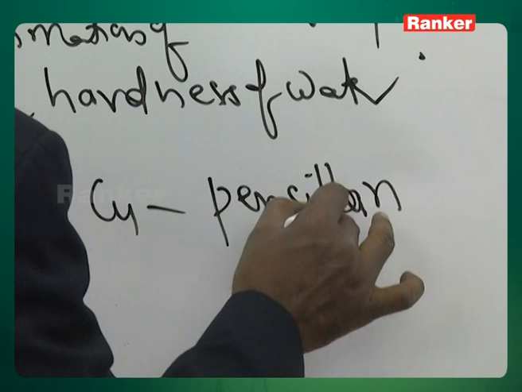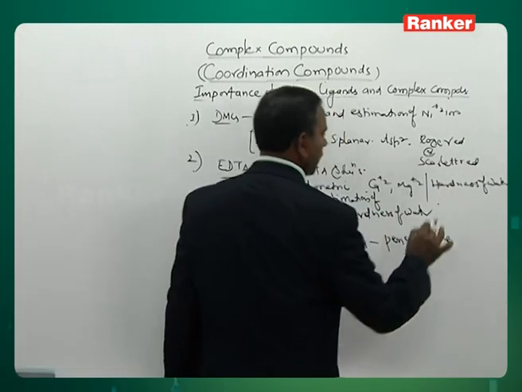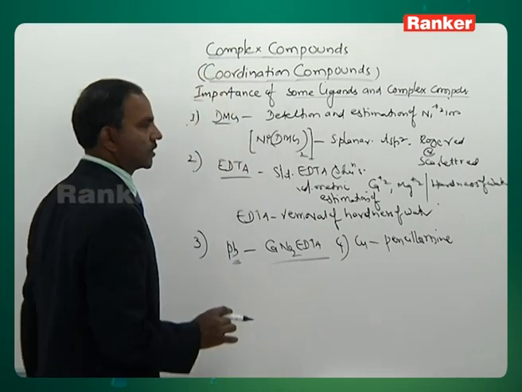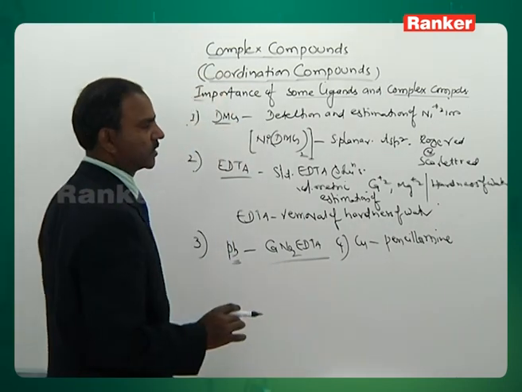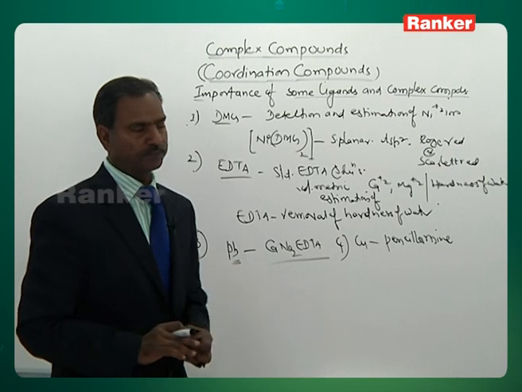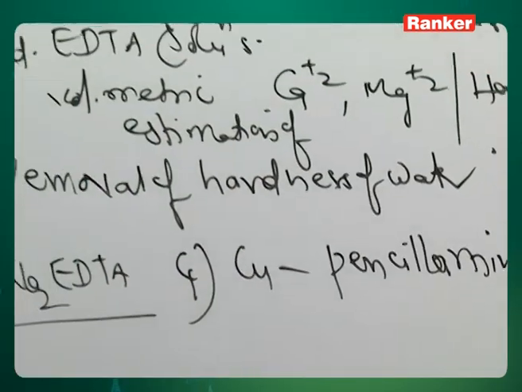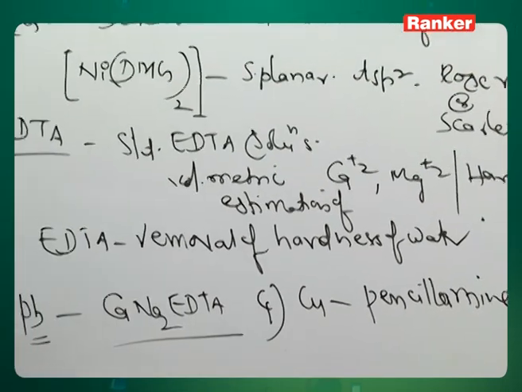Excess copper in the body causes a disease known as Wilson's disease, therefore we use the penicillamine ligand.